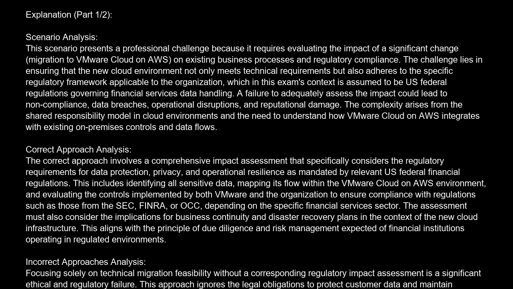The assessment must also consider the implications for business continuity and disaster recovery plans in the context of the new cloud infrastructure. This aligns with the principle of due diligence and risk management expected of financial institutions operating in regulated environments.